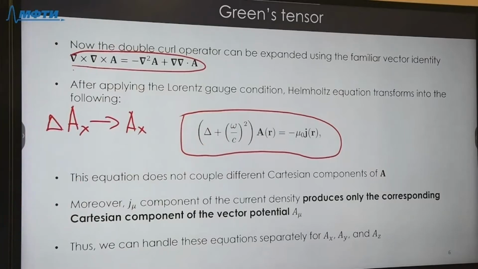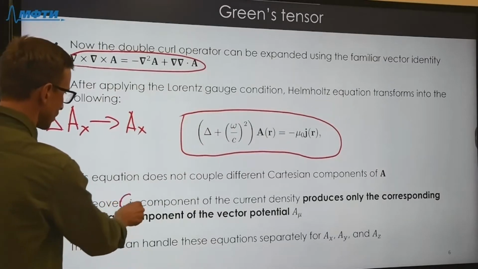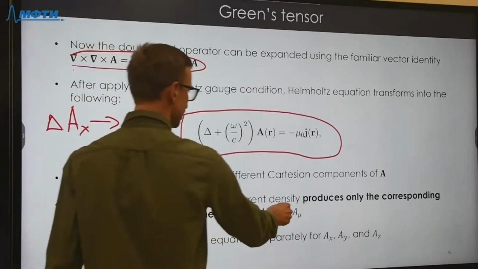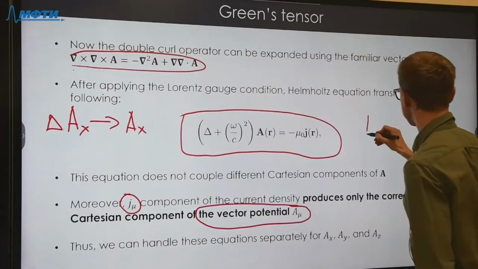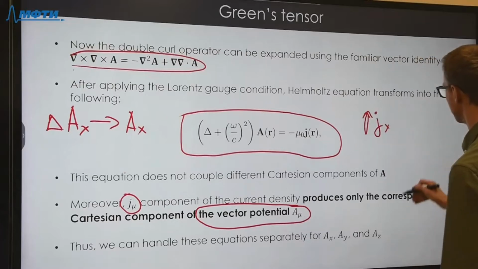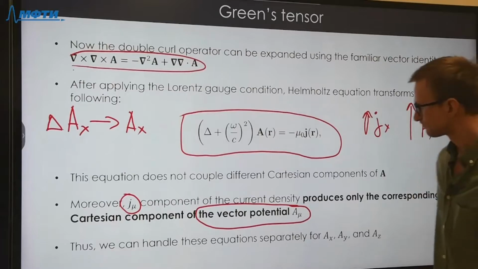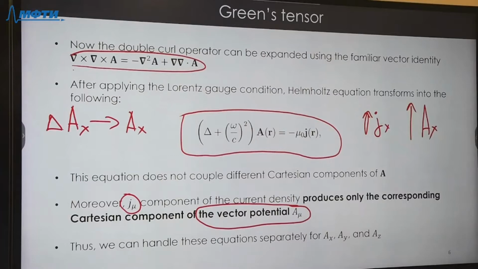And another nice thing is that if you consider certain Cartesian components of the current, for example, Jx, then this Jx will produce only the corresponding component of the vector potential, Ax. So if you have a source with the x component of the current density, it will only produce Ax, and it will not produce Ay or Az. This is what allows us to split this equation into three independent scalar equations.